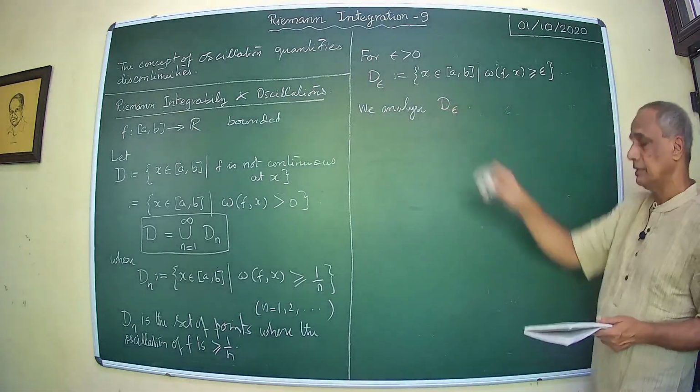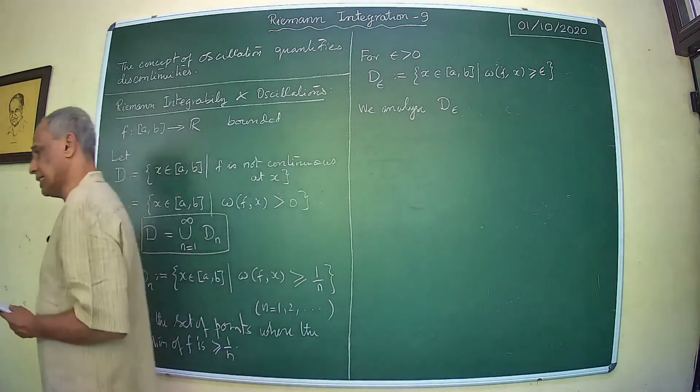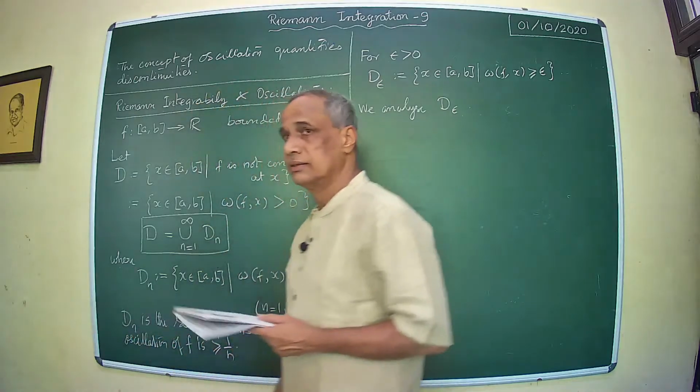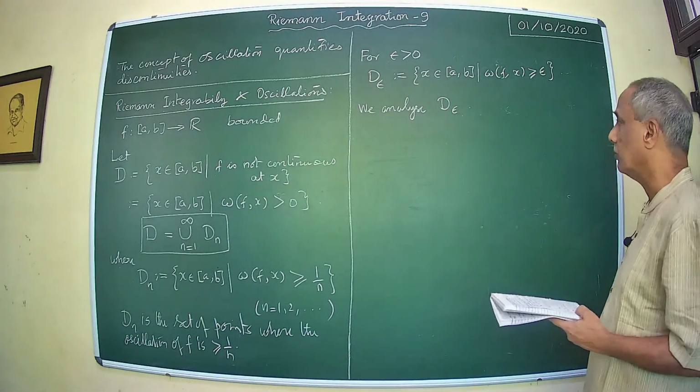So this is the set of points where the oscillation is greater than or equal to epsilon.